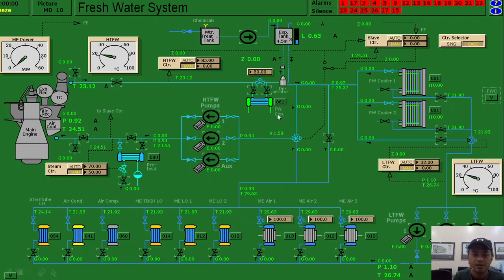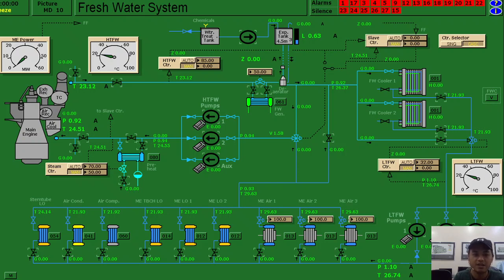First is to check that our fresh water is still at a proper level. So, makita natin sa expansion tank na pag mas mataas yung expansion tank kaysa sa ating main engine, pag marami pa laman ng expansion tank, automatic sigurado ka na may laman ng buong system dun sa main engine.